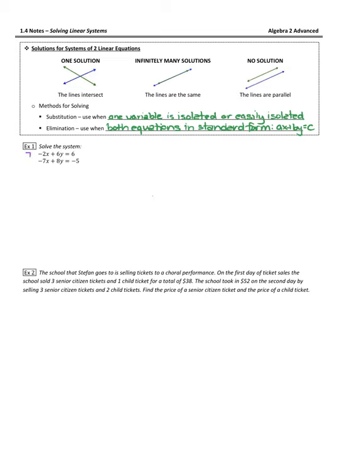So I'm going to multiply this top equation by 7, but I'm going to multiply the bottom equation by a -2. My goal is to have the same number but opposite sign, so when I add the equations together, it cancels out. So what does this give me? This gives me a negative 14x plus 42y equals 42, and below that gives me a positive 14x minus 16y equals a positive 10.